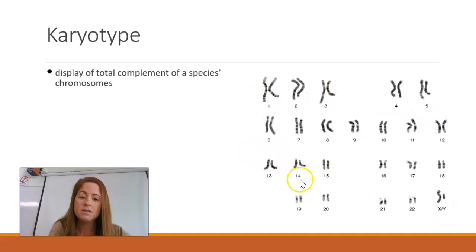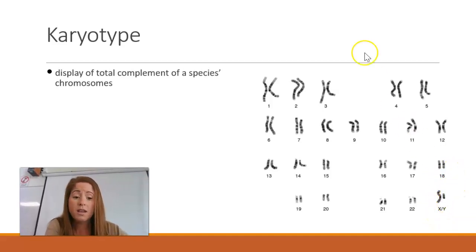In this case, you should have 2 of every chromosome, and we do indeed have that. And because there's a presence of a Y chromosome, this individual was assigned male at birth. And so this would be a normal karyotype because there's 46 chromosomes.